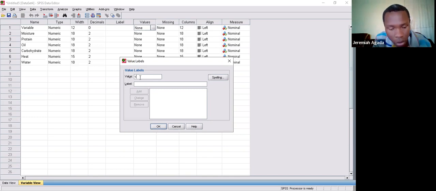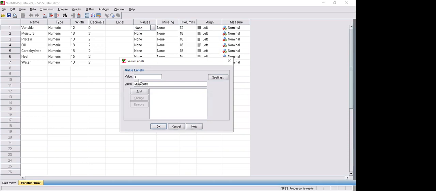What does 1 mean? 1 means a variety of maize, right? Since I cannot remember the coding now, I'm just going to put maize GMO. So add. So 2, what does 2 mean?